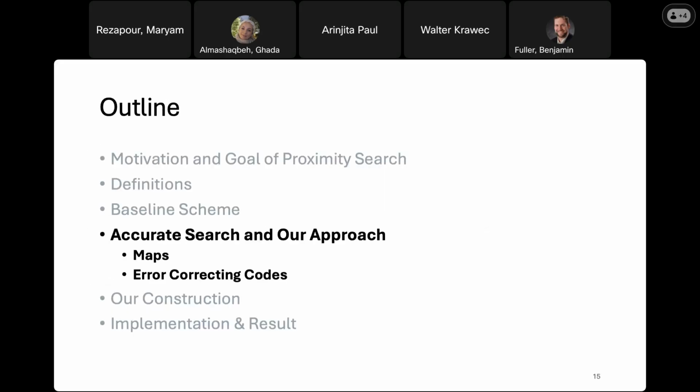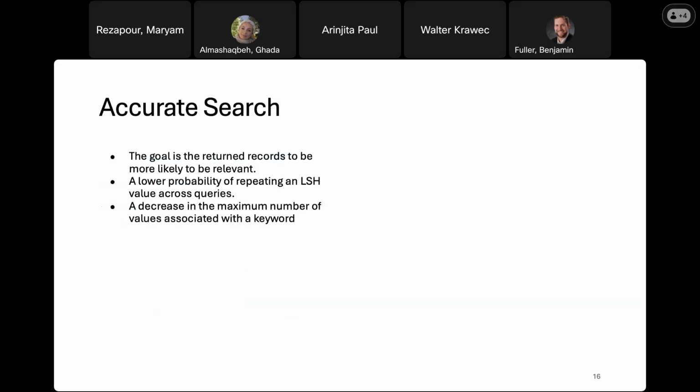Having seen the drawbacks of the baseline schemes, we are going to see how we are going to use maps and error correcting codes to reach the accurate search. As we said before, the goal is to return the records that are more likely to be relevant to the query.